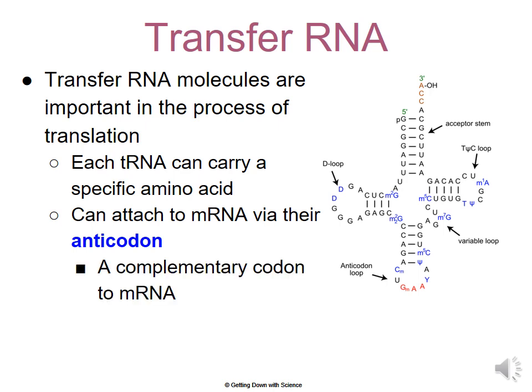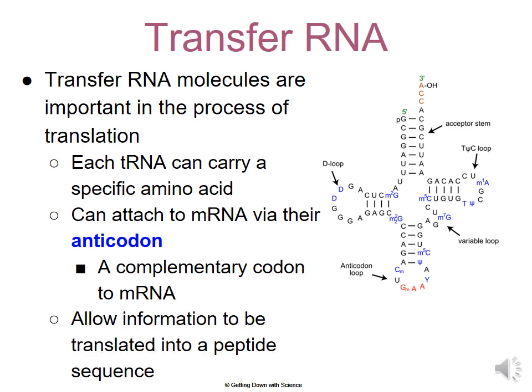So it's always complementary to the mRNA. Anticodon complements the codon. And complementary, always basically it's what pairs with what. So this allows information to be translated from RNA to a peptide sequence, amino acid sequence.